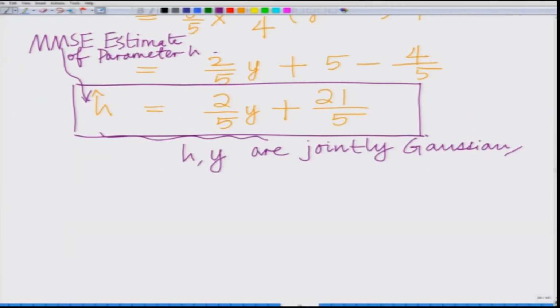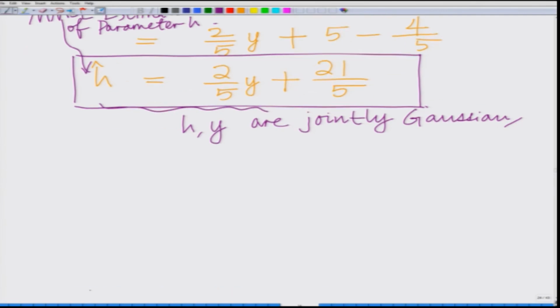So in today's example, we have computed the MMSE estimate of h given y, when h and y are jointly Gaussian and not necessarily zero mean, that is, non-zero mean. Now let us also look at what happens when h comma y are vectors.